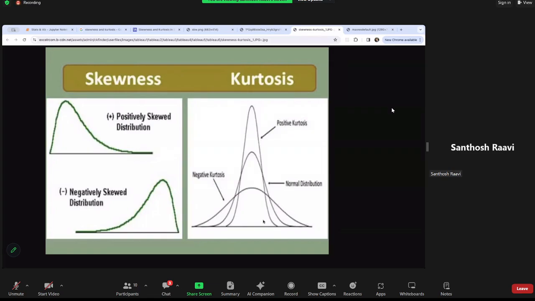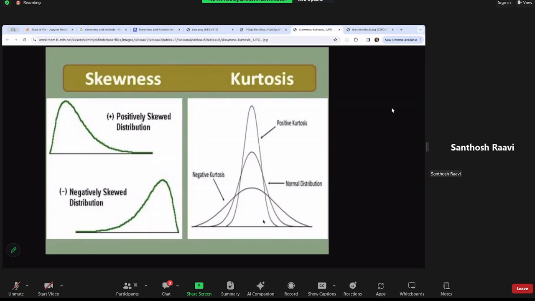Kurtosis always represents the peak value. That you need to remember, that's it.